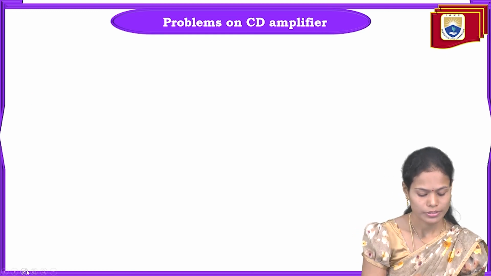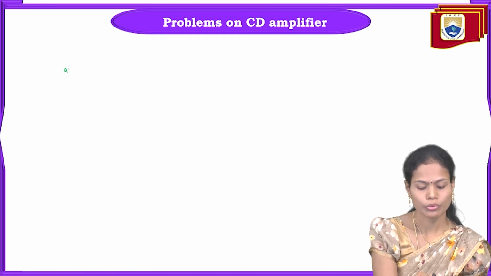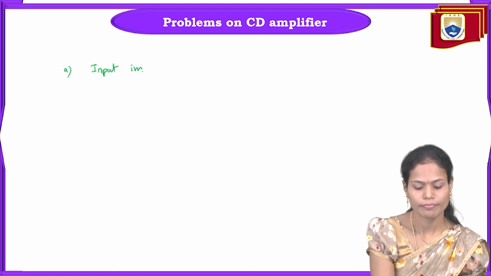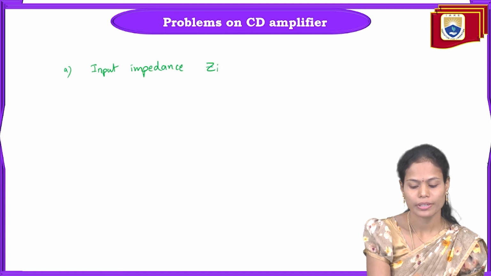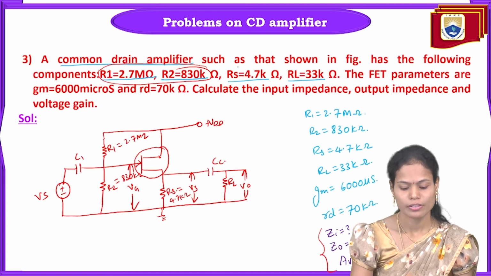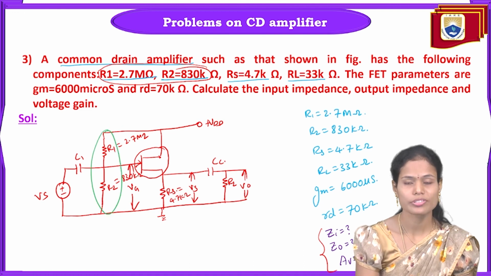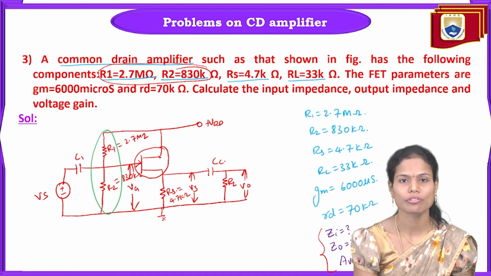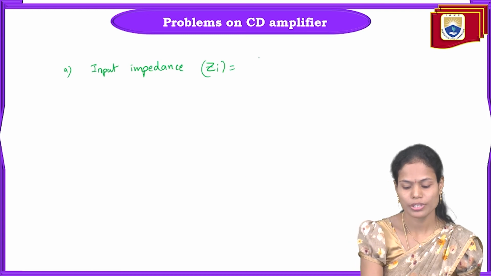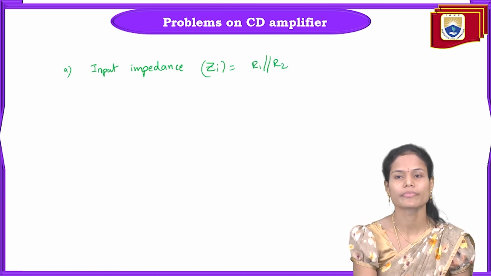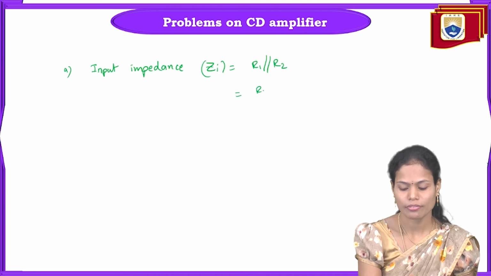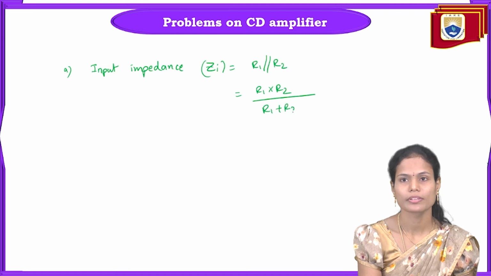For that purpose, I'm going with the input impedance calculation first. Input impedance ZI: here again we are having two resistances in the input section of the circuit. So we need to take the parallel combination of the two resistances R1 and R2, that is R1 into R2 by R1 plus R2.